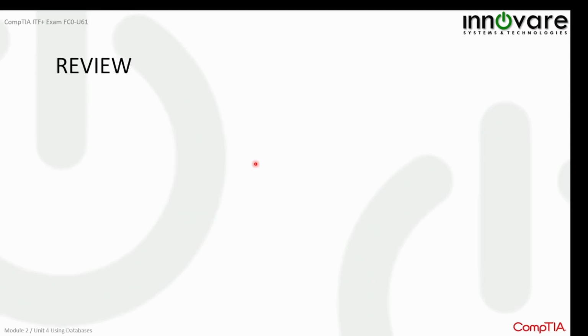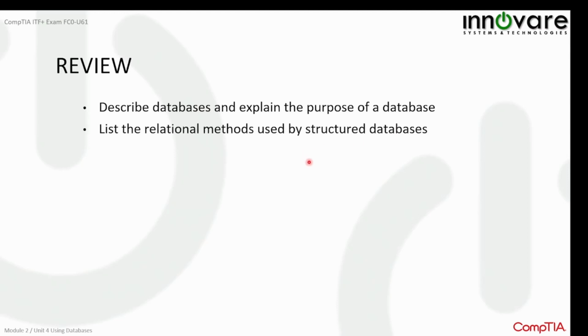Diba? When we say SQL, there are methods being used. And then we cover the way that users and applications can interface with databases. And lastly, we cover how to distinguish application architecture models.